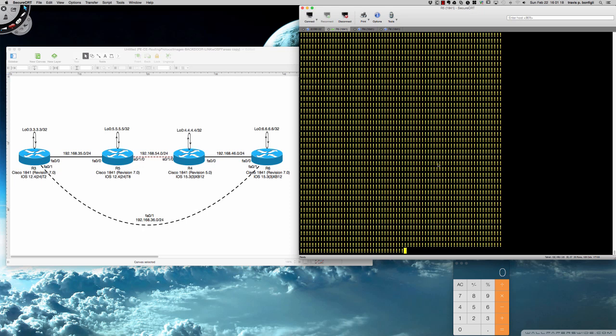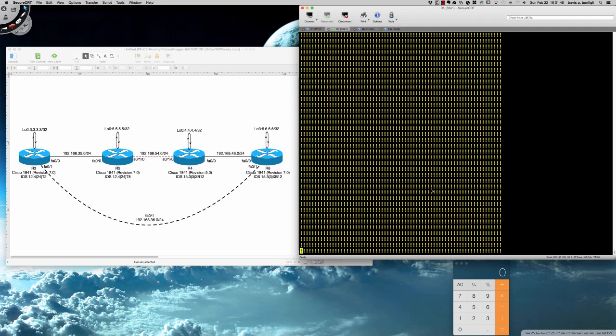So again, you can see that it was a little quicker when the route is already a feasible successor sitting in the EIGRP topology table, okay? And again, it's not that the network is not going to work when the link goes down if it's not a feasible successor. It's just that it's a little quicker. And so this is how EIGRP has a minor advantage.